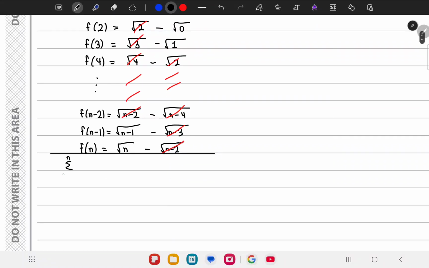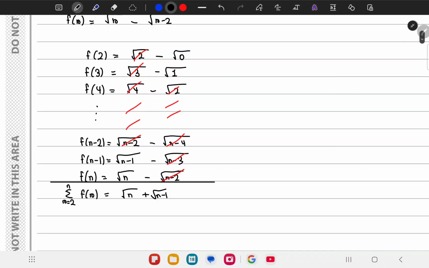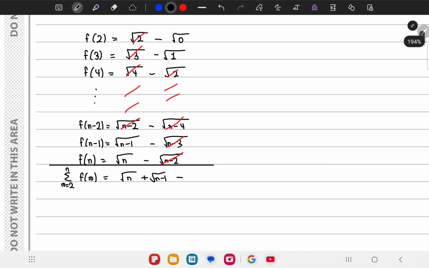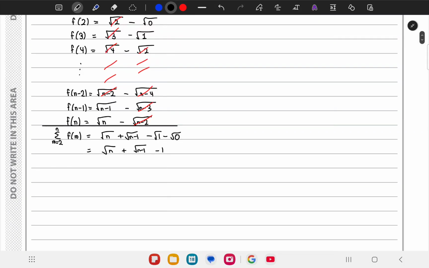So the summation from r equals 2 to n of f of r will be equal to root n plus root n minus 1, just the summation of all this. We have minus 1 over here as well. Minus 1 minus 0. This is just root n plus root n minus 1 minus 1. And this is the answer for part B.